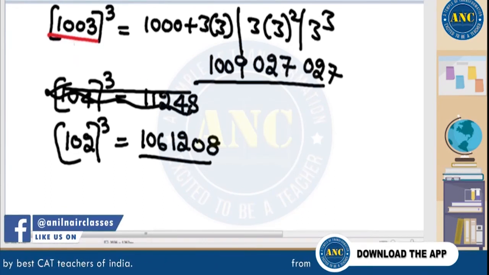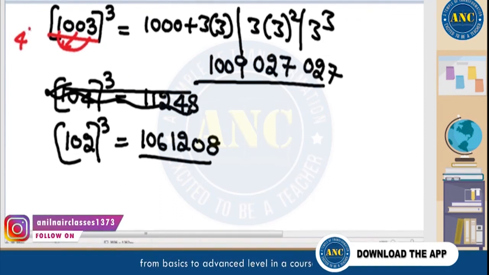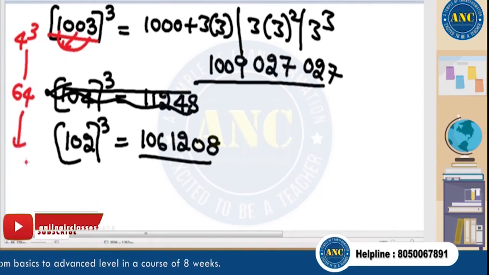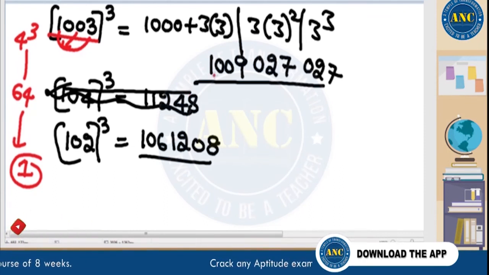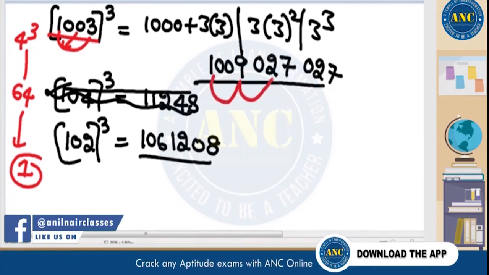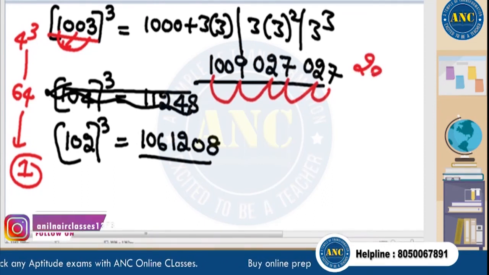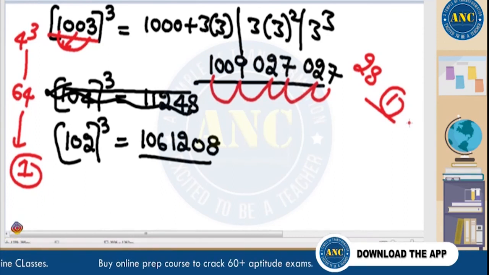Now, Swati, this is for you. 1003 whole cube. Use a digital sum. 3 plus 1 is 4. 4 cube is 64. 6 plus 4 is 10. Question digital sum is 1. Answer should also be 1. 1 plus 9, 10. 1 plus 2, 3. 2 plus 8 is 10.